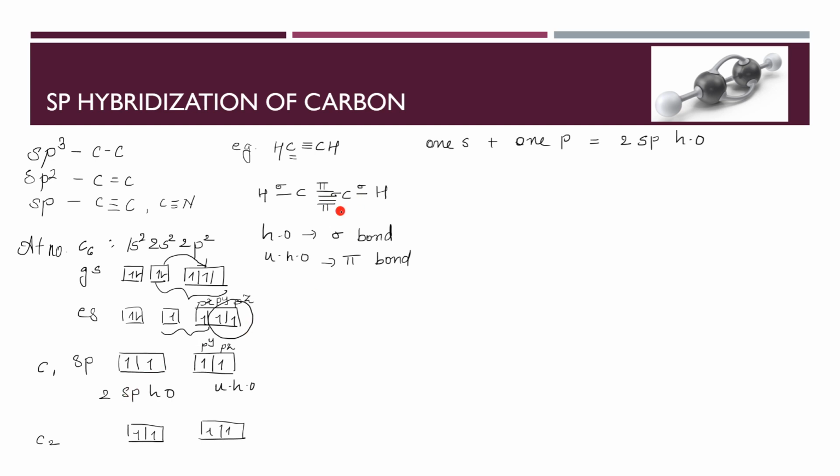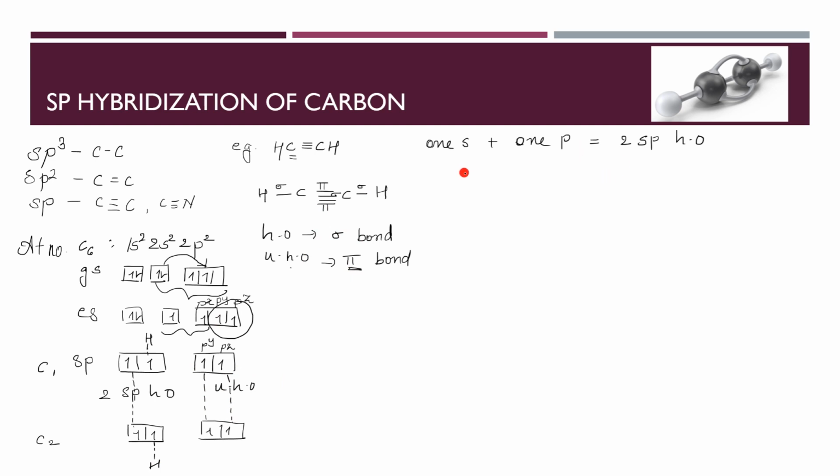So there is one carbon-carbon sigma bond. Then there are 2 carbon-hydrogen bonds. Here this one will form a bond with hydrogen, and this one will form a bond with hydrogen. Now there are 2 pi bonds. Pi bonds are formed between unhybridized orbitals. As you can see over here, these are the 2 unhybridized orbitals which will form pi bonds.